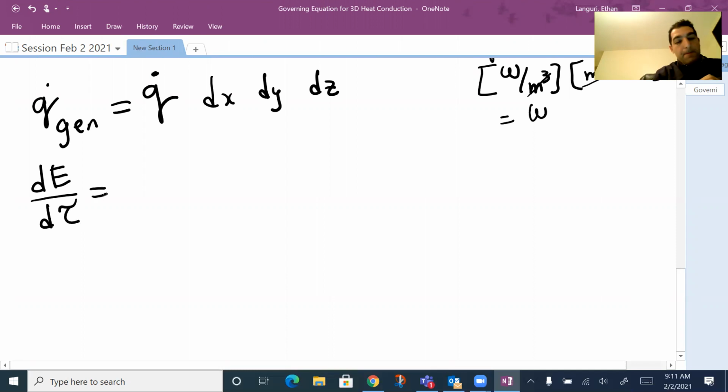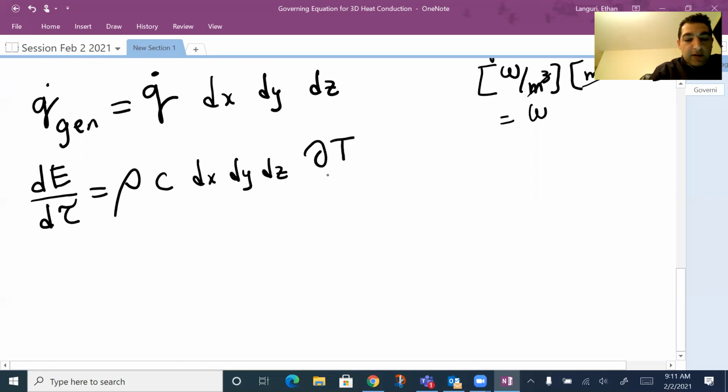We know that we can show it as rho C, where rho is density and C is the specific heat capacity, times the volume. Volume we just showed is dx, dy, dz, multiplied by the variation of temperature over time, del T over del tau.